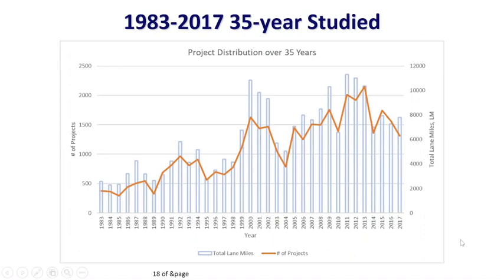Okay, so here is the as-built database. I have about 35 years, and these are all the project numbers out there. You see over the years, starting in 83, we have done a lot, and you see naturally the increase of the project number. We really increase. And if you see the lane miles, we are doing more and more lane miles across the state.